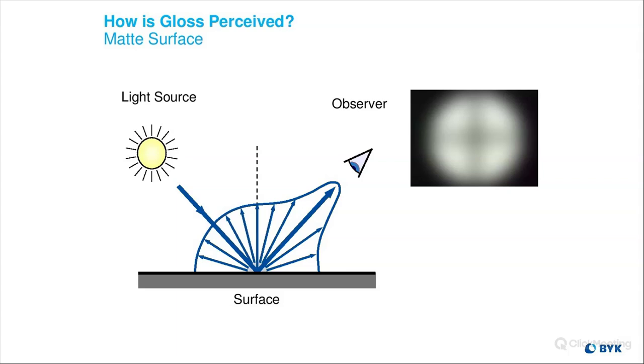Humidity will also have an effect. If you're coating material outdoors, for example architectural coatings, and the humidity is high, you may get blushing in the paint.